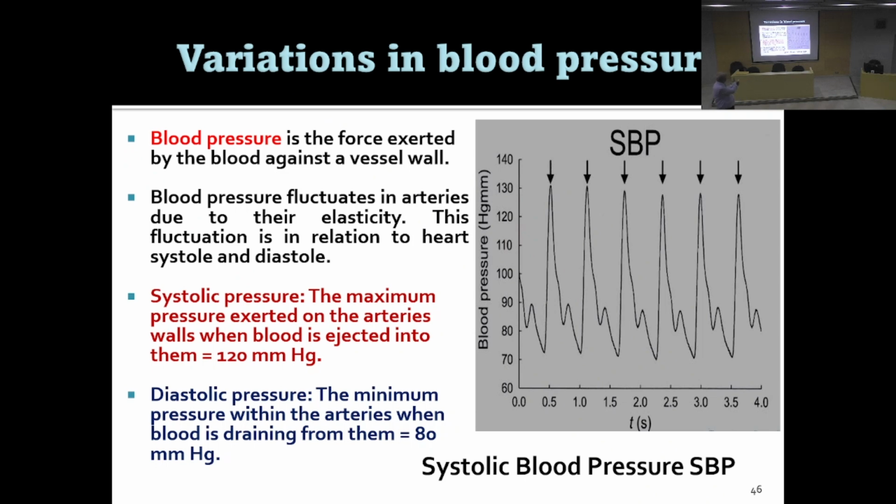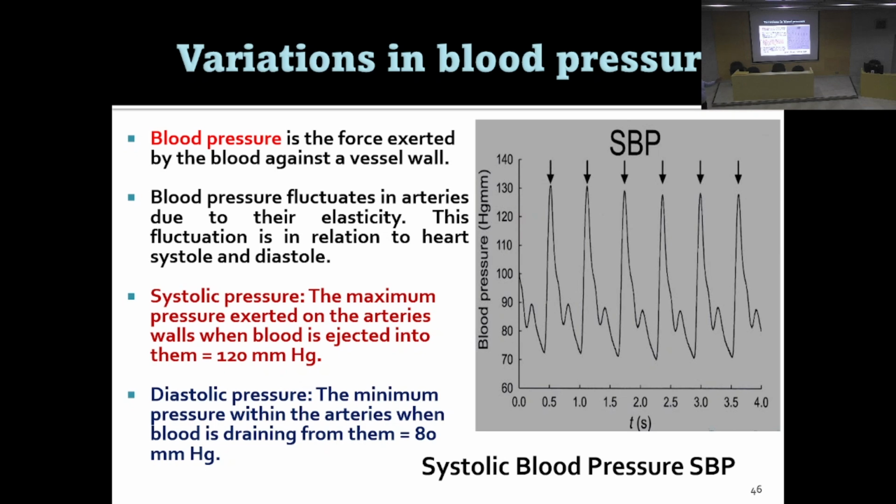But if you want the fancier definition, systolic pressure is the maximum pressure exerted on the artery walls when blood is ejected into them, and for a normal person it is 120 millimeters of mercury. And diastolic pressure is the minimum pressure within the artery when blood is draining from them, which is about 80. So systolic pressure is 120, diastolic pressure is 80.